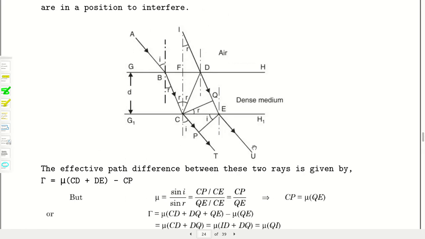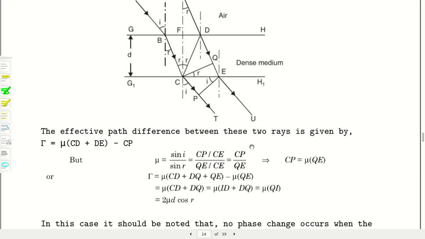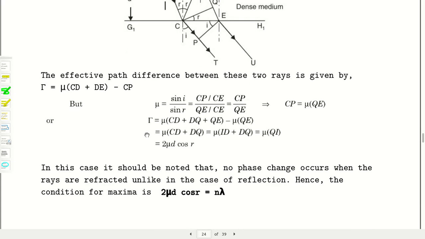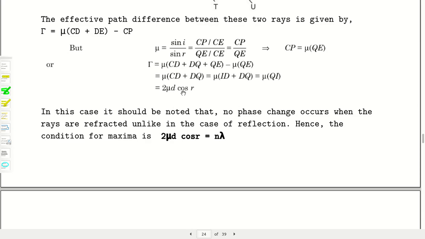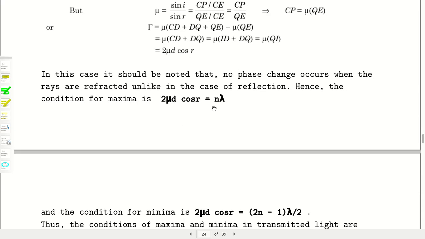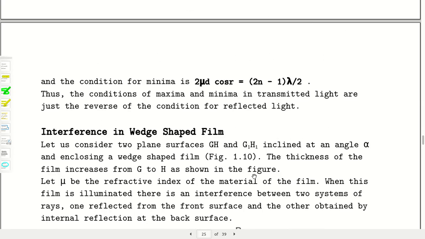The transmitted waves are our concern, and the transmitted waves are not Stokes reflected, so no extra path difference is there. So this is the path difference, as well as the optical path difference, between the two interfering rays. Here the conditions for maxima and minima are just similar to what we got in the case of Young's experiment.